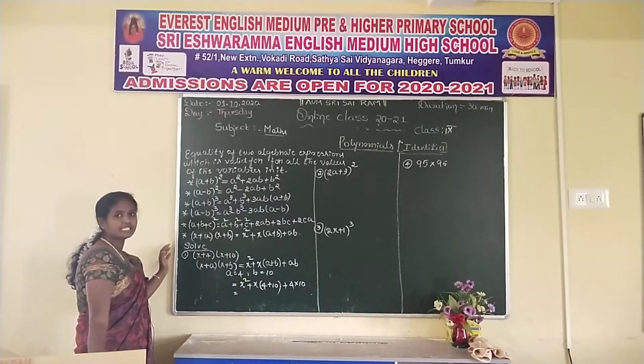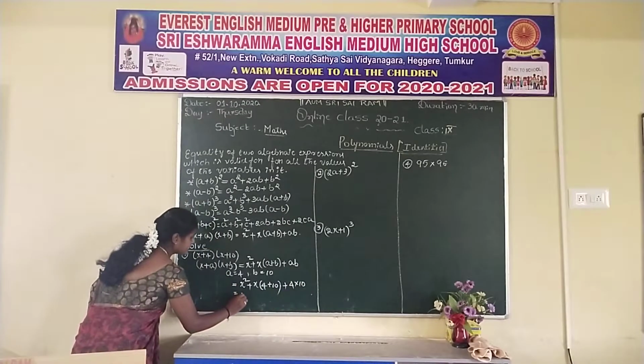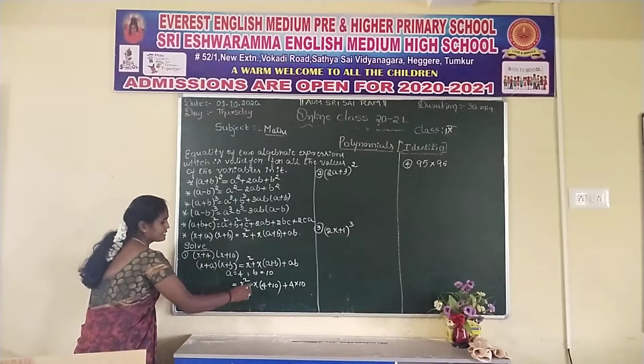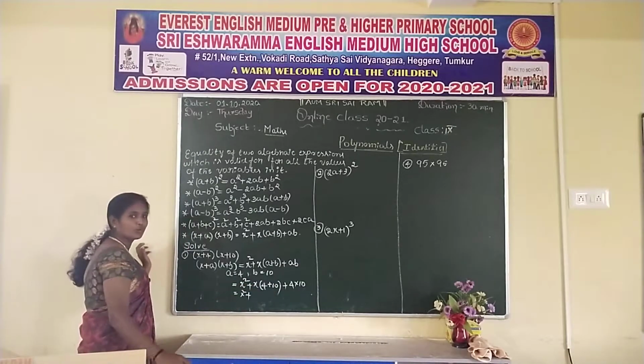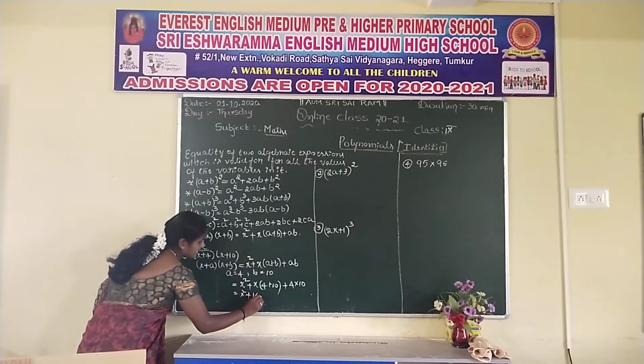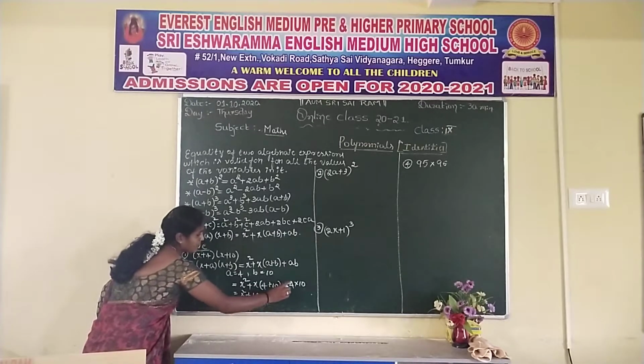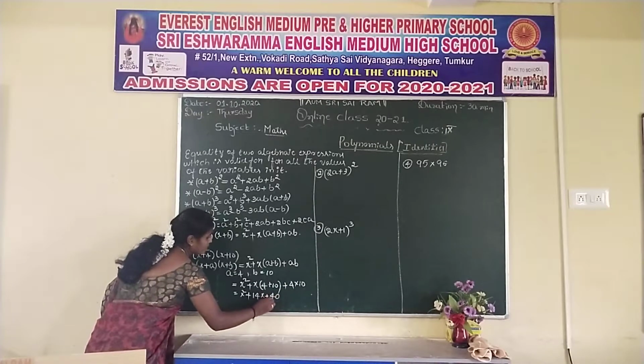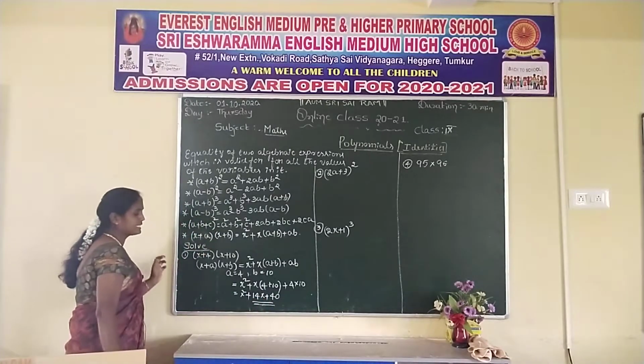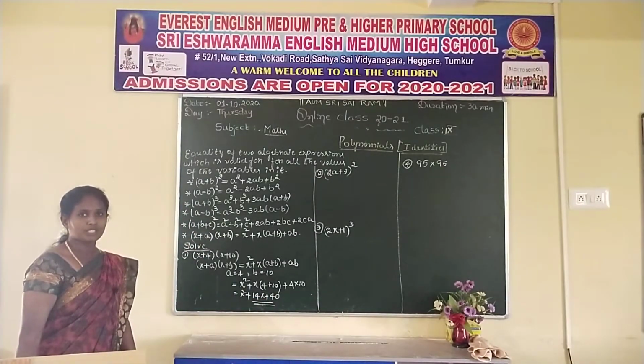Simplification is finished. So next, x² plus 14x, plus 4 into 10 is 40. This is the required expression.